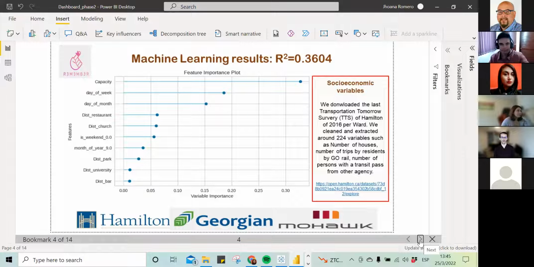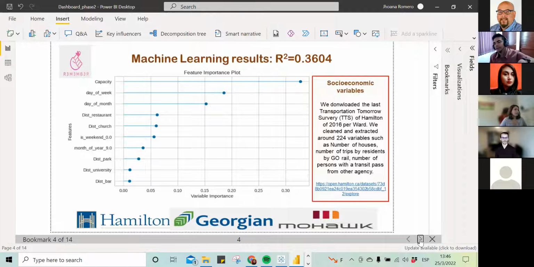And in phase one we got almost 60%. So the important features were capacity, day of week, day of month, the top closest distance to a restaurant, is weekend, where 0 means no, month of year, which corresponds to September, and distance to park, university, and bar.